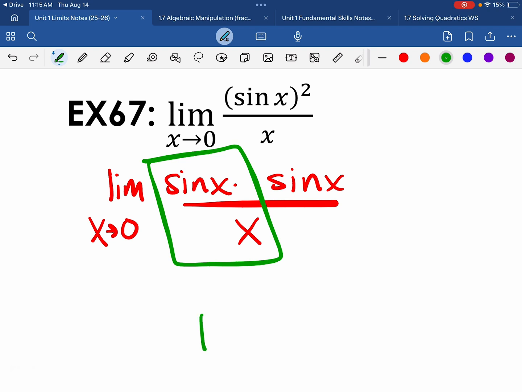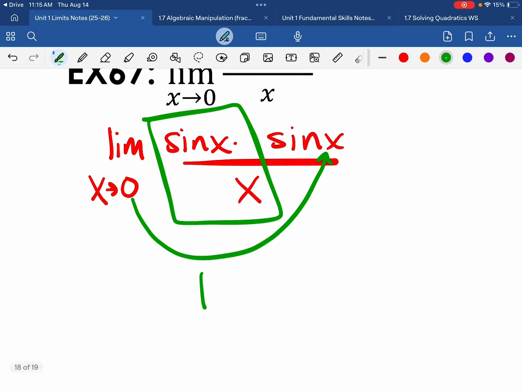That's going to be 1, and I directly substitute 0 into this remaining one. So the sine x over x turns to 1. 0 goes into sine, so sine of 0. Does that make sense? And what is sine of 0? 0. So 1 times 0, which is 0.